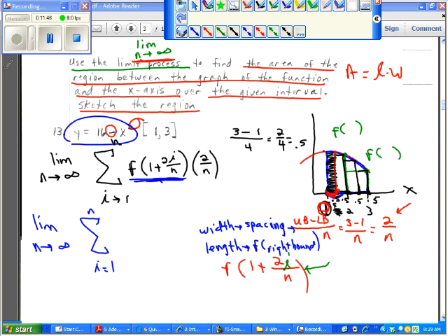Now, here's my function, right? There's the x squared there. So I'm going to have 16 minus, in place of x, I'm going to put 1 plus 2I over n, squared. See that? I replace my x with 1 plus 2I over n.